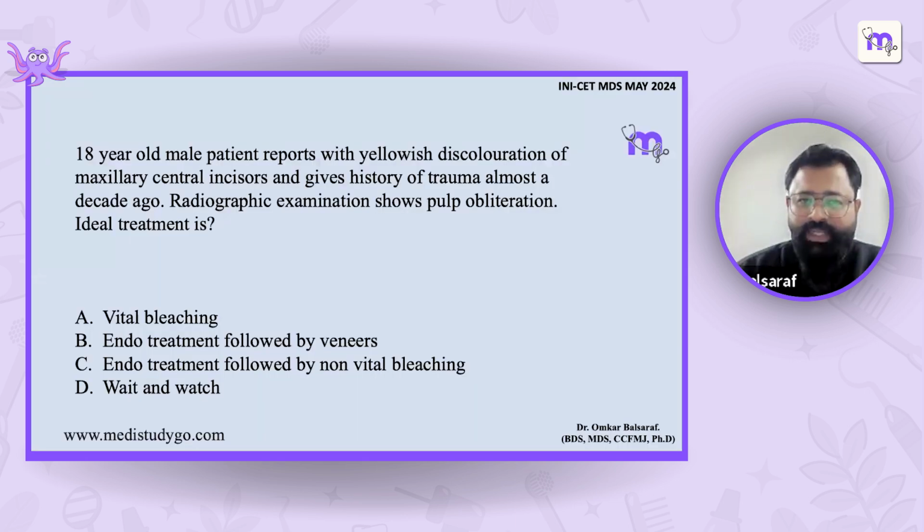An 18-year-old male patient reports with yellowish discoloration of maxillary central incisors and gives a history of trauma almost a decade ago. So 10 years down the line, he had some trauma, and now he has yellowish discoloration of the central incisors. Radiographic examination shows pulp obliteration. The ideal treatment is.